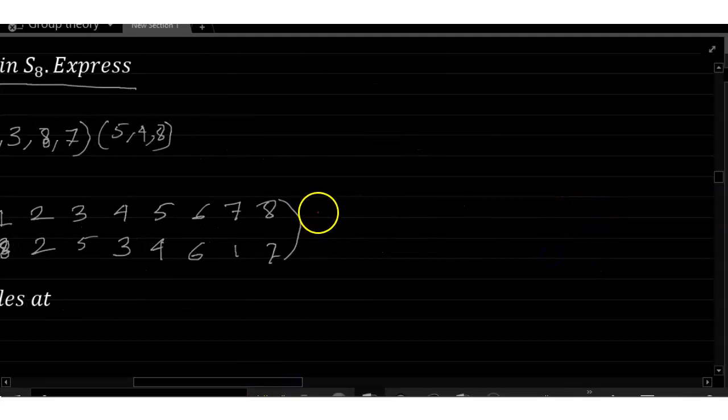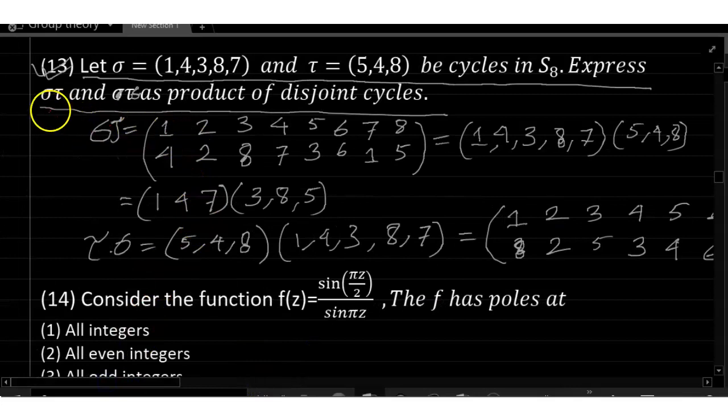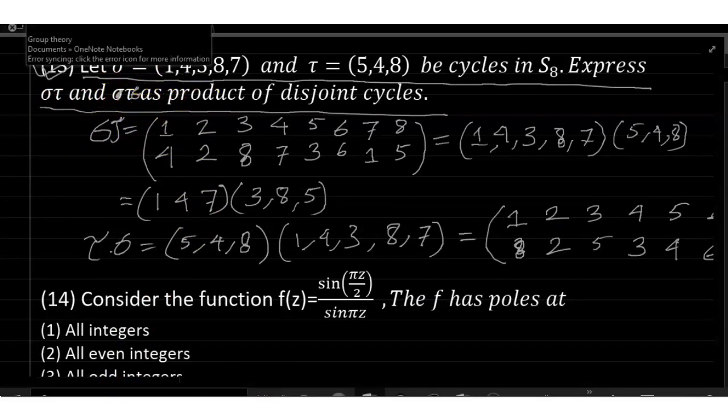So it can be written as 1, 8, 7, 3, 5, 4. So I express sigma tau and tau sigma as a product of disjoint cycles.